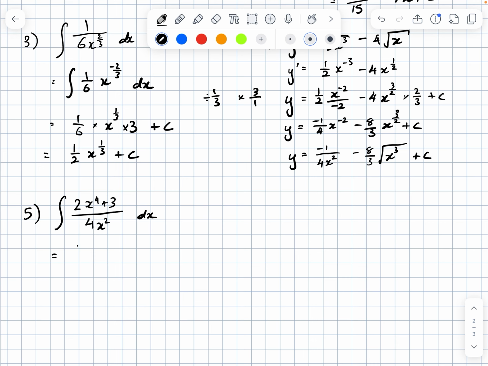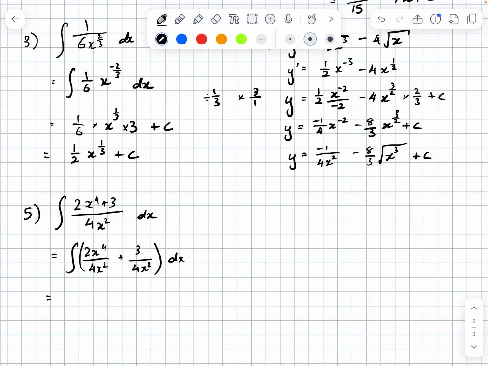In this case, we get 2x to the power of 4 over 4x to the power of 2 plus 3 over 4x to the power of 2 dx. Now you might see in some questions this might also have a bracket around it. We'll explain more in detail later why that is the case, but whether it does or doesn't, not super important. You will get questions with both.